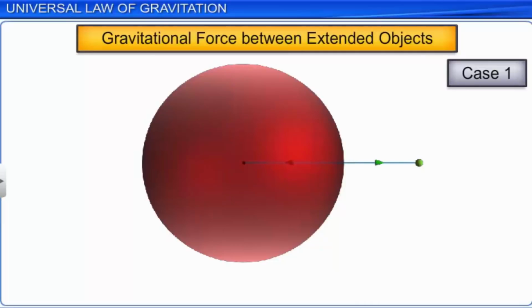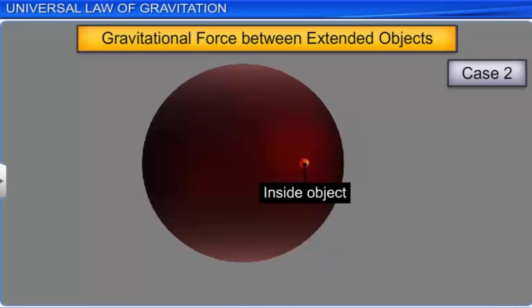The second one is, if we consider a point mass within a hollow spherical shell of uniform density, the force of attraction due to the shell on a point mass situated inside it is 0. Let us learn about these cases in detail.